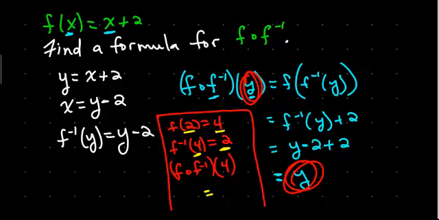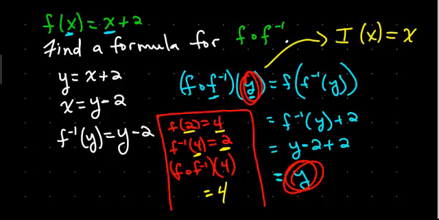So this is going to equal 4. That's the most useful thing about inverse functions, that when you compose them, you get the identity function. That is, this is the same as I of x equals x.